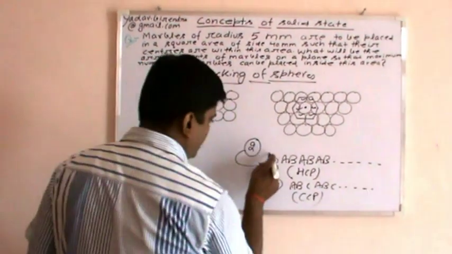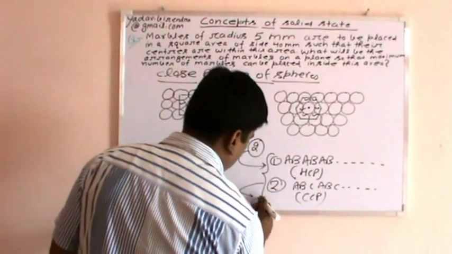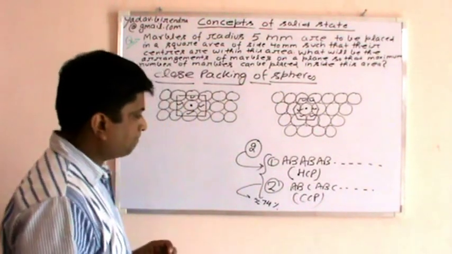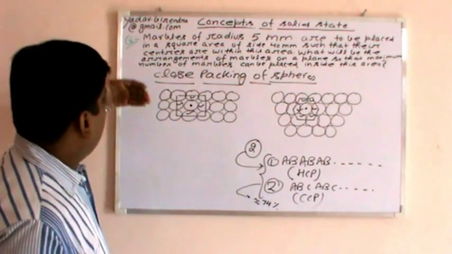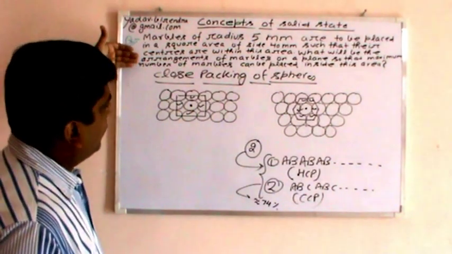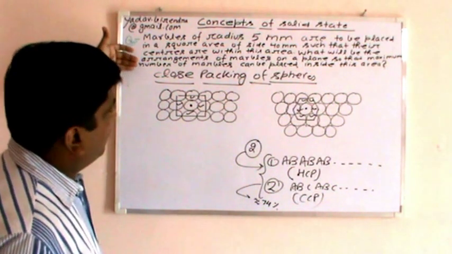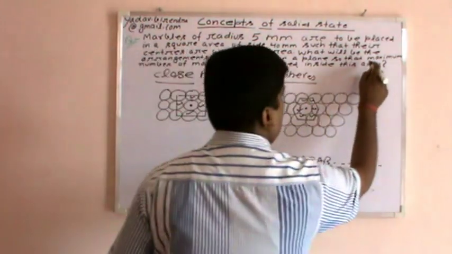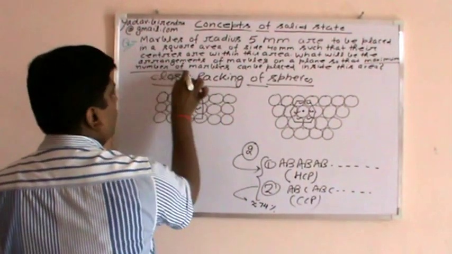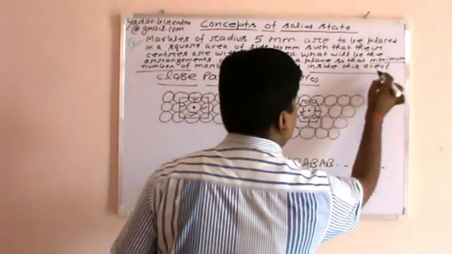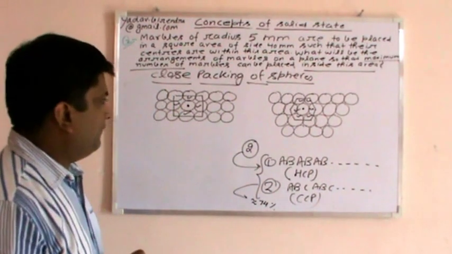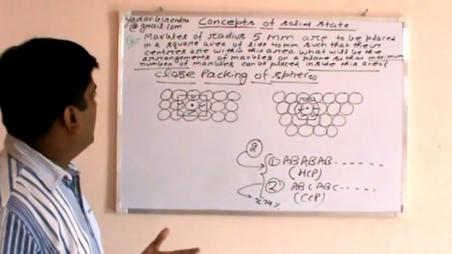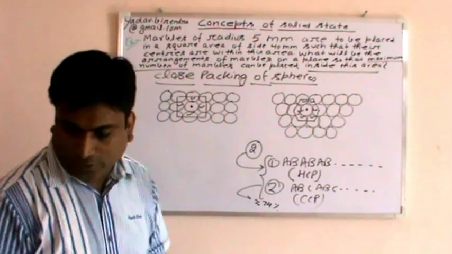In both cases, the packing is approximately 74%. Now in this question we need to put the maximum number of marbles within the given area. So obviously we have to take this second arrangement to get the maximum number of marbles in a particular area.